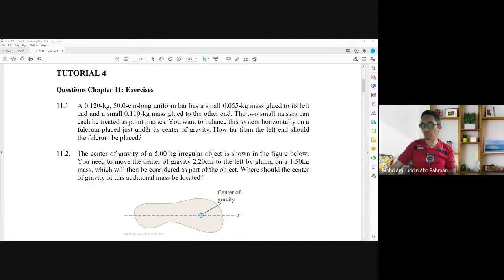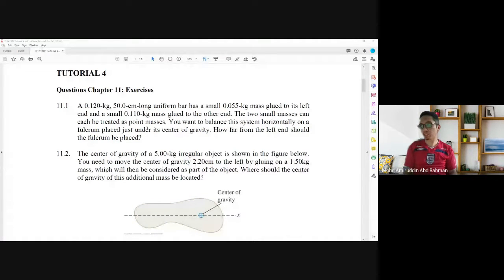You have the first question. A 0.12 kilogram, centimeter long uniform bar has a small 0.055 kilogram mass glued to its left end and a small 0.11 kilogram mass glued to the other end. So you have one end and the other end. The two small masses can be treated as point masses.